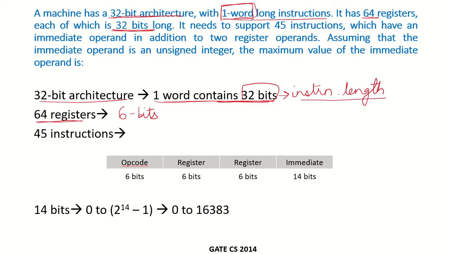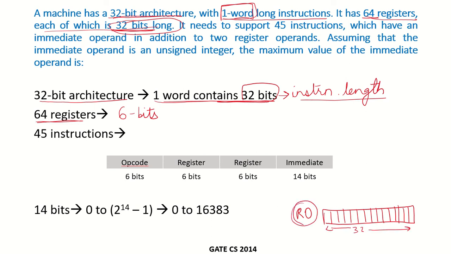This means each register, say R0, has 32 bits because it needs to store 32 bits of data. But this data is redundant and not required here. Many times in questions, redundant data will be given. 64 registers, each 32 bits long, means each register can store 32 bits of data.